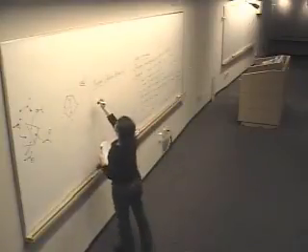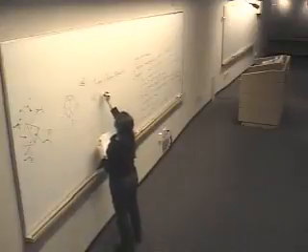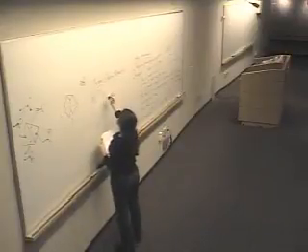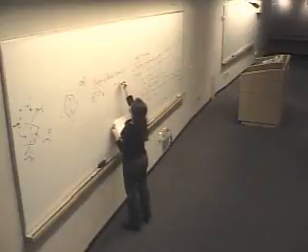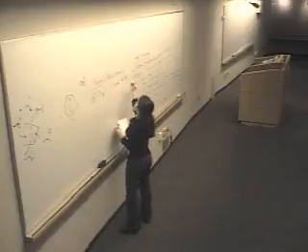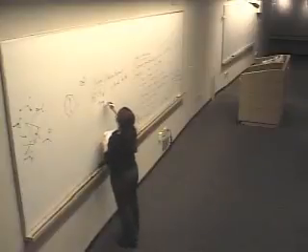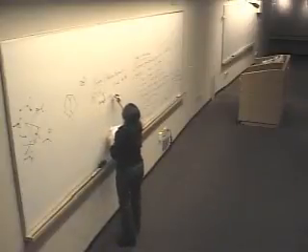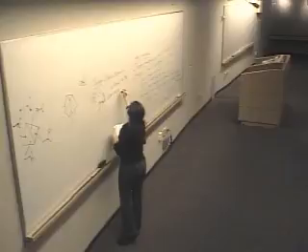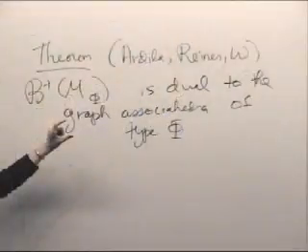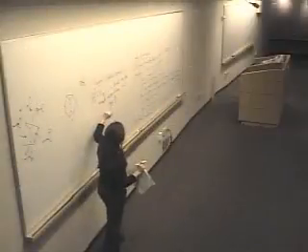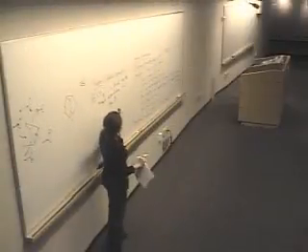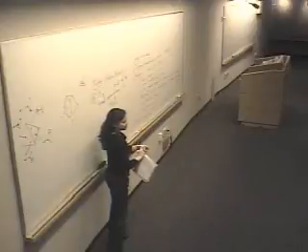And what we showed is that the positive Bergman complex of this matroid of a Coxeter arrangement is dual to the graph associahedra of type phi. And by type phi, I just mean the graph associahedra corresponding to the Dynkin diagram of phi.